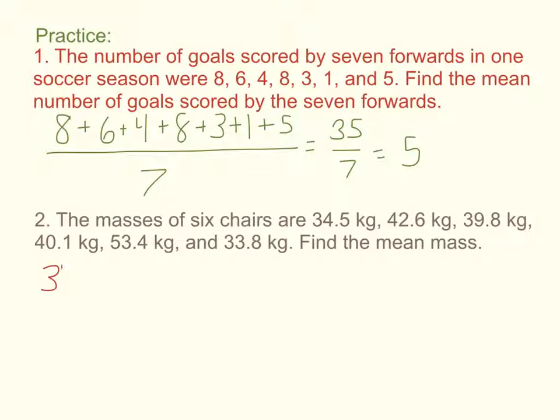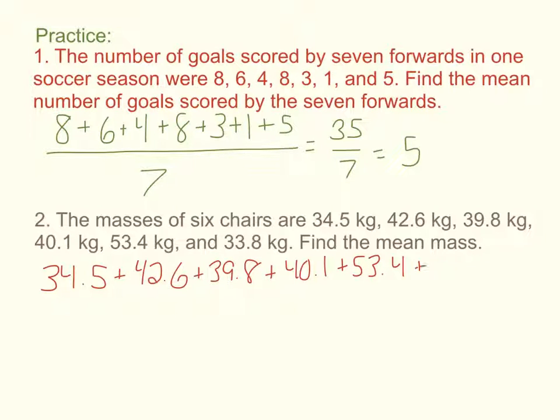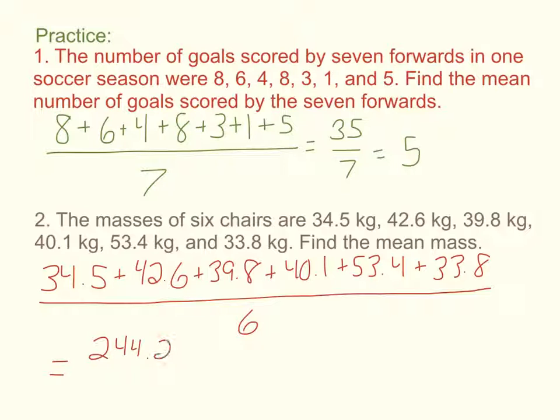So we'll add 34.5 plus 42.6 plus 39.8 plus 40.1 plus 53.4 and plus 33.8 and divide that by 6 because there were 6 chairs. So after you add up those totals, you should have gotten 244.2 divided by 6. And that is equal to 40.7 kilograms. So 40.7 kilograms is the mean mass of the 6 chairs.